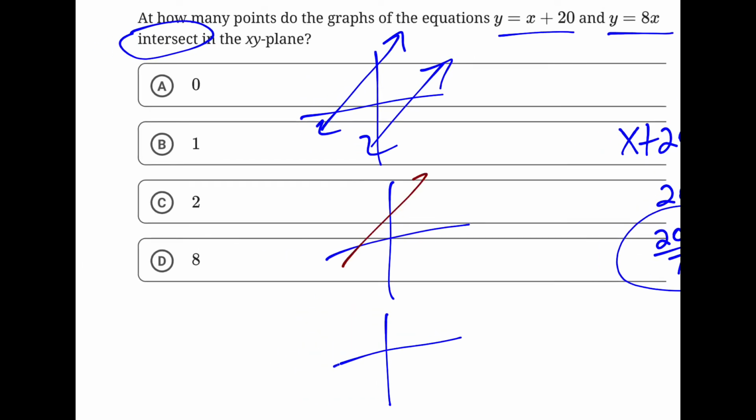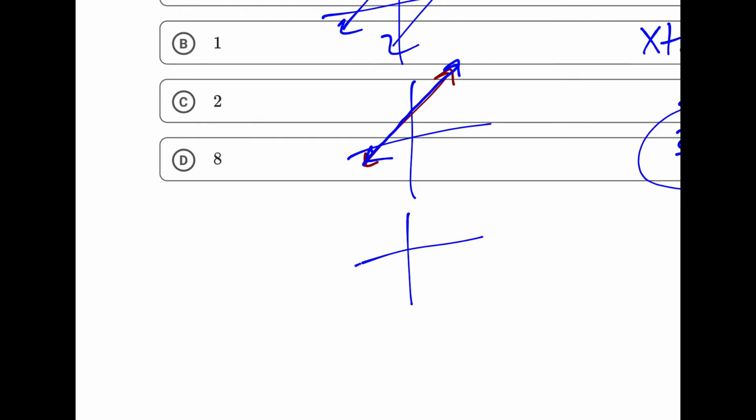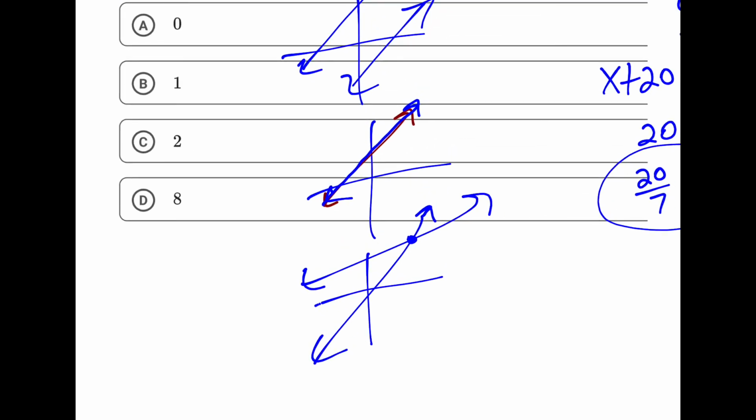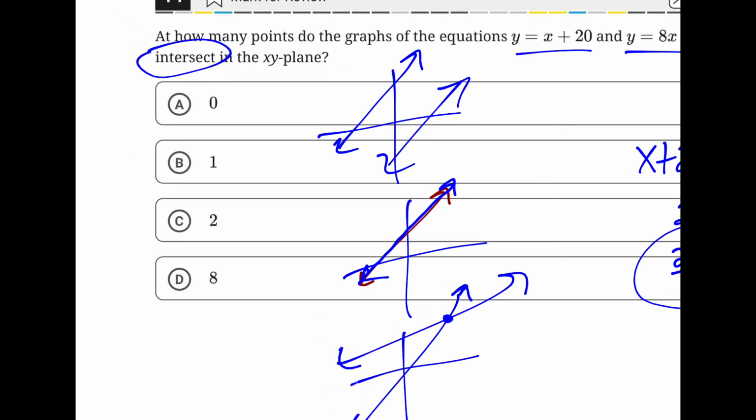You can have two lines that coincide, where every single point is the exact same, so there's infinite solutions. Or the more common scenario is when you have two lines that cross exactly once. We're not going to get into 2 or 8 because these are not polynomials, these are just straight lines. So there's only one solution.